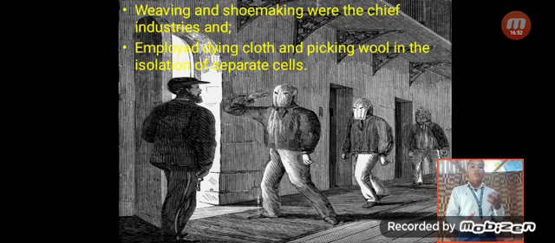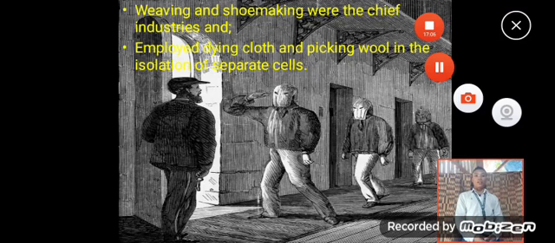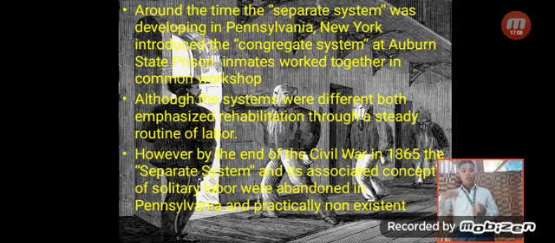Because of this, weaving and shoemaking were the chief industries at Eastern, and a few inmates were employed dyeing clothes and picking wool in the isolation of the separate cell.